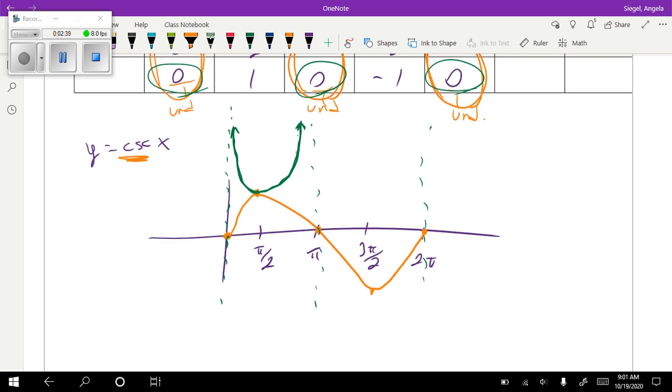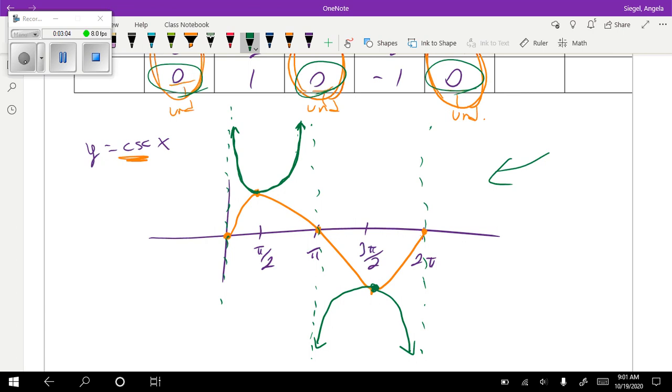Same thing down here. As we go from 270 to 180, it approaches negative infinity, and as you go from 270 to 360, it approaches negative infinity. So this is the look of a cosecant graph every single time. No matter what we do to it, how we stretch it and do different things with it, this is how it's going to look every time.